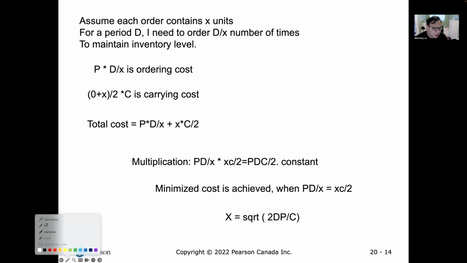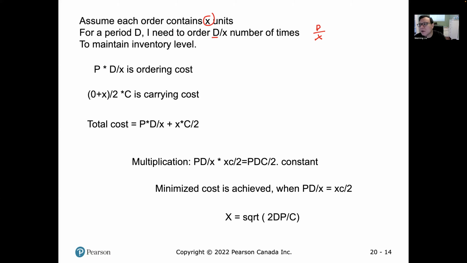During the period, you need D, so the total number of orders has to be D divided by X. You have to order this number of times, and each time you have X units.